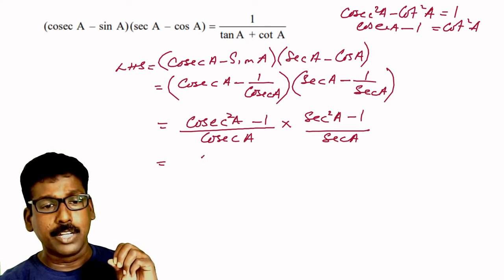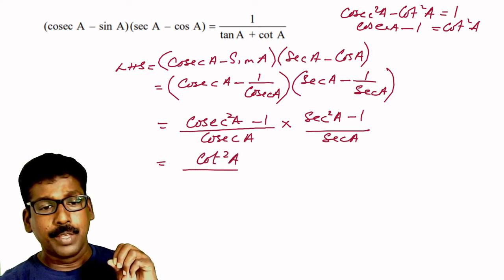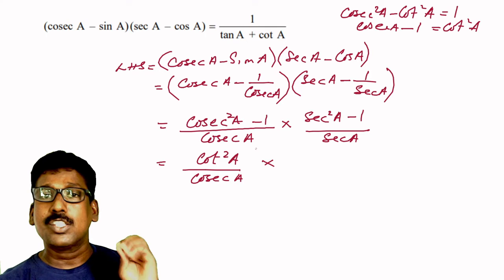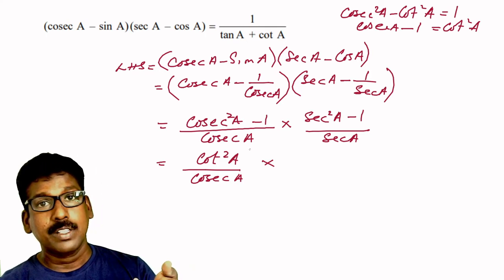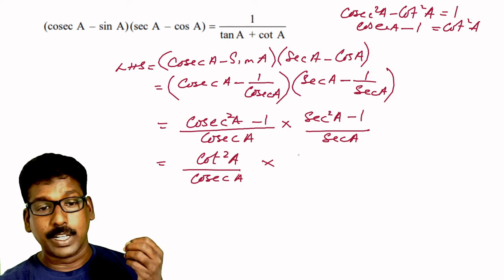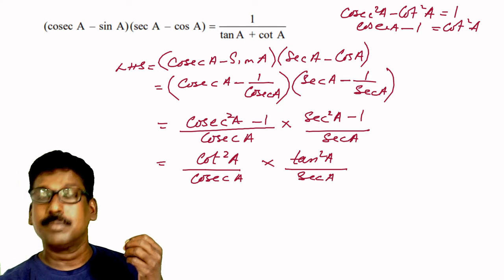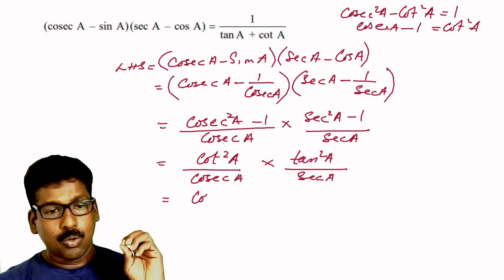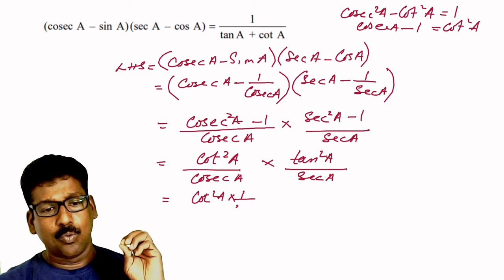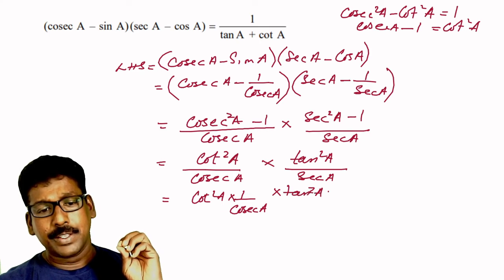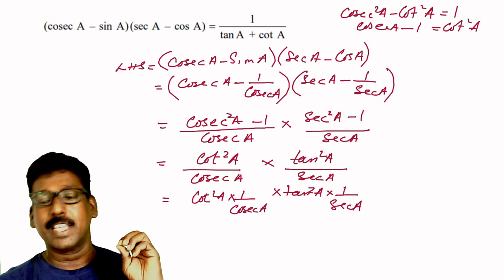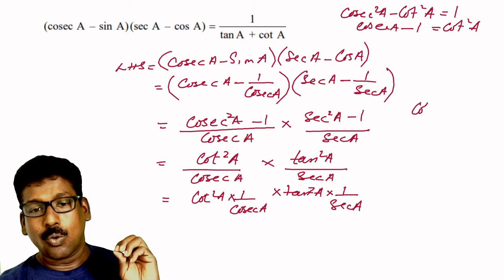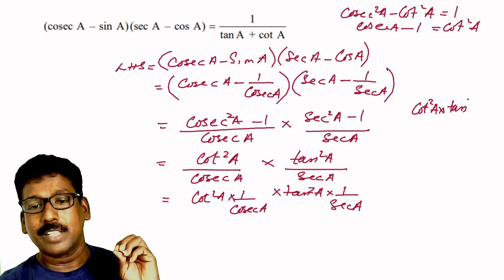So numerator you can write as cot square A by cosec A into. Similarly, sec square A minus tan square A is equal to 1. So sec square A minus 1 you can write as tan square A by sec A. This you can write as cot square A into 1 by cosec A into tan square A into 1 by sec A. Now what is cot square A into tan square A?